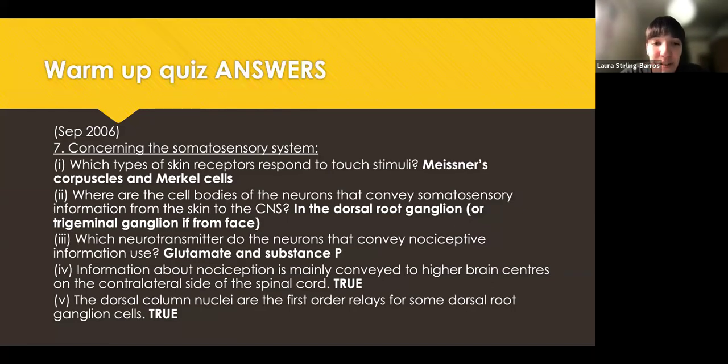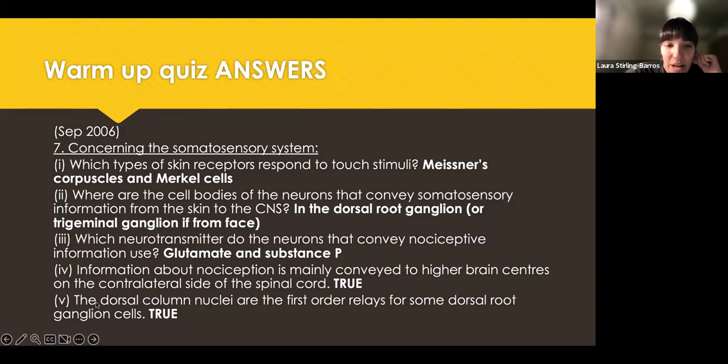Information about nociception is mainly conveyed to higher brain centers on the contralateral side of the spinal cord. What we learned was true, because the anterolateral system decussates early and then ascends contralaterally, whereas the dorsal column system ascends ipsilaterally and then decussates at the level of the medulla.